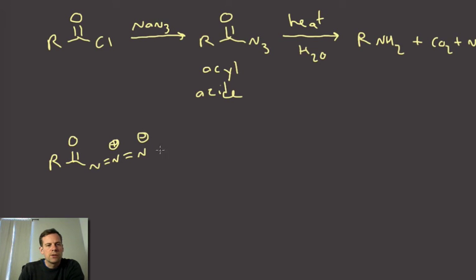Okay, so formally it has this sort of ylide type of character, but overall it's a neutral molecule. Okay, so what we're going to do is, right, so this nitrogen has two lone pairs, that's why it's negatively charged. So if we heat this up, we can draw a resonance form where we're actually going to push electrons in the following fashion. So yeah, this is just a resonance form. There's nothing actually happening just yet.